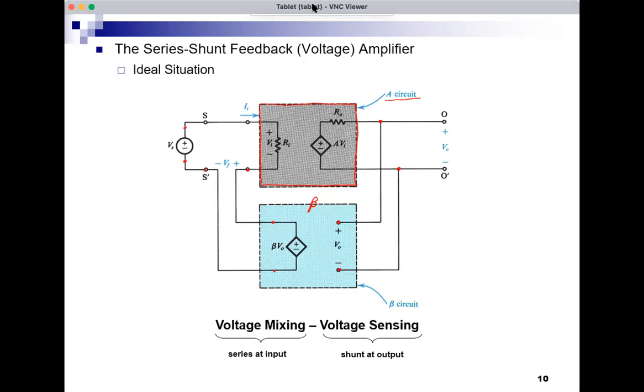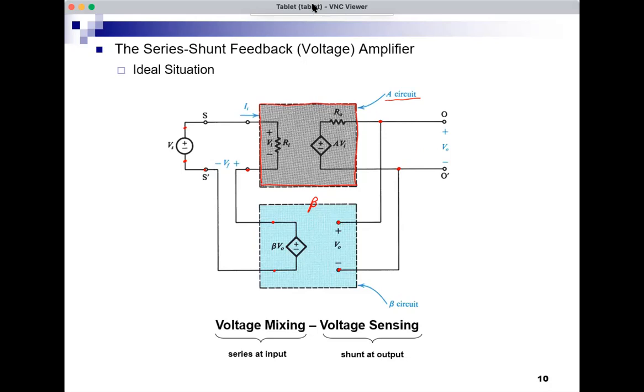We call this case the ideal situation because I assume that this beta block, the block inside the blue square, does not affect the output. So you see here an open circuit, which means that I am measuring the output without affecting it. This is an ideal situation because usually when you do that, you may affect the output.